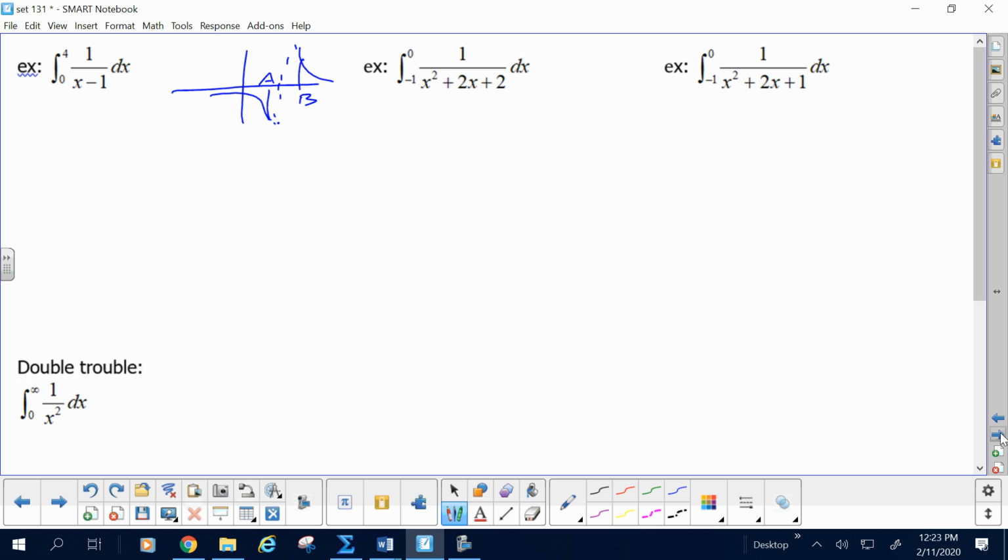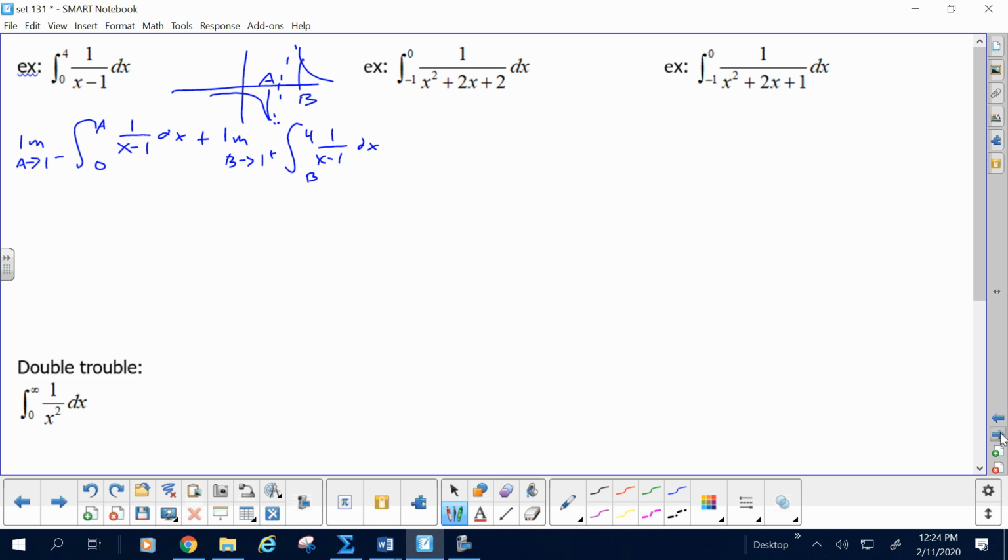The limit as A approaches 1 from the left of the integral from 0 to A of 1 over x minus 1 dx plus the limit as B approaches 1 from the right of the integral from B to 4 of 1 over x minus 1 dx.